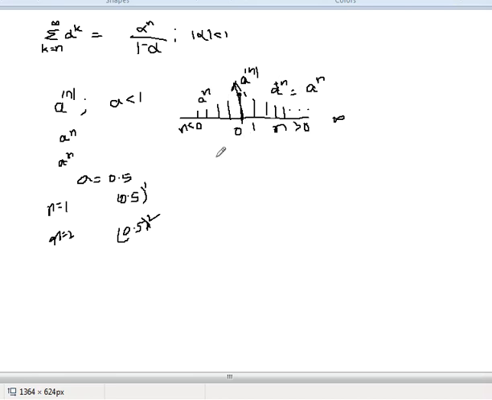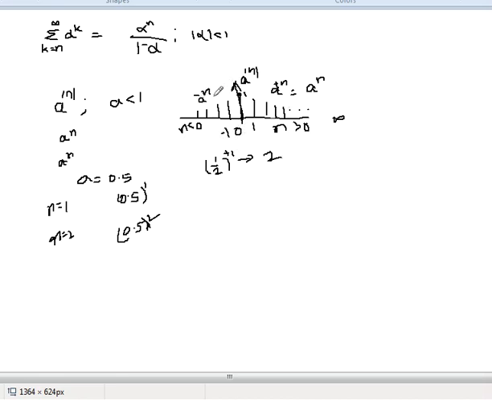It is 0.5, means 1 by 2, and we are not supposed to have 2 here. So a to the power minus, minus of minus, it would be plus, it remains half, so it is an even signal.